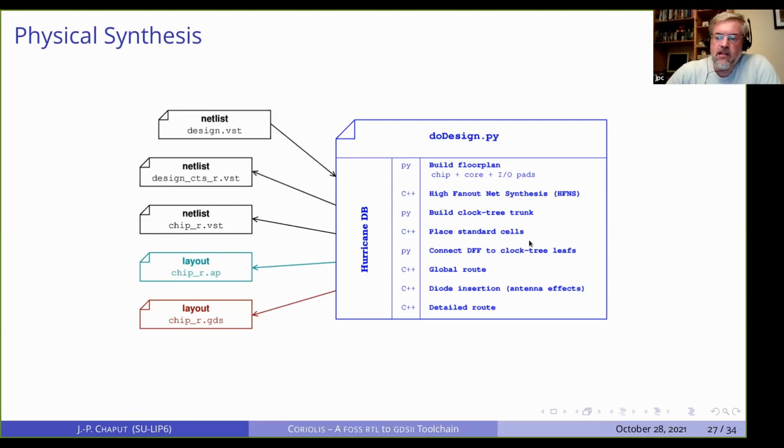Then we place the standard cells, and after placing the standard cells, now that we know where the DFFs are, we can connect them to the leaves of the clock tree. So this is an example of interleaving the placement and the routing. Then we perform the global route. We can perform insertion before the detailed route, and then perform the detailed route. So it's all completely fused.